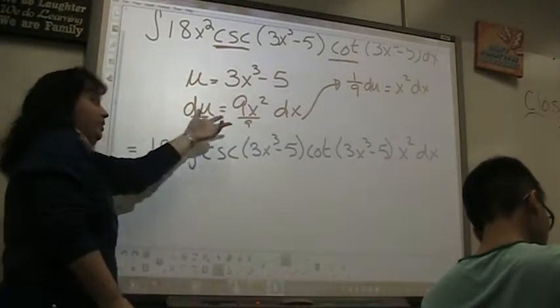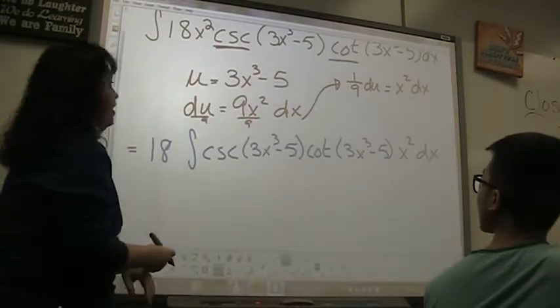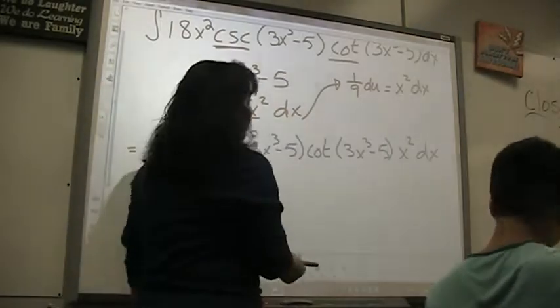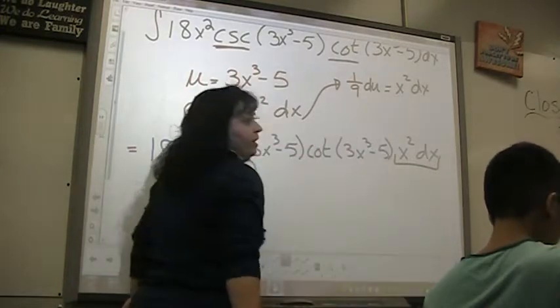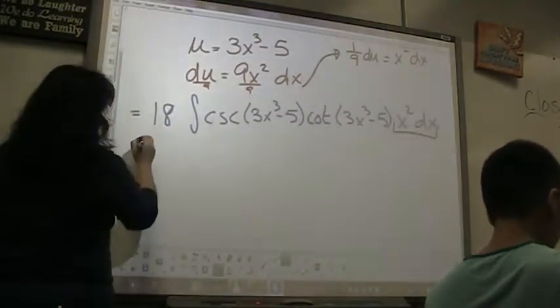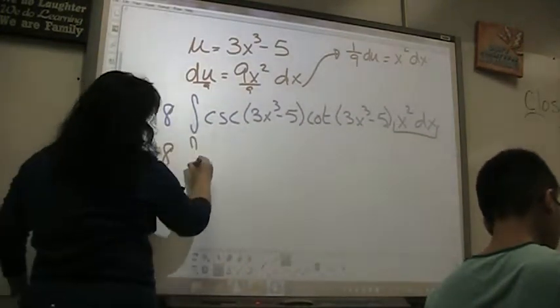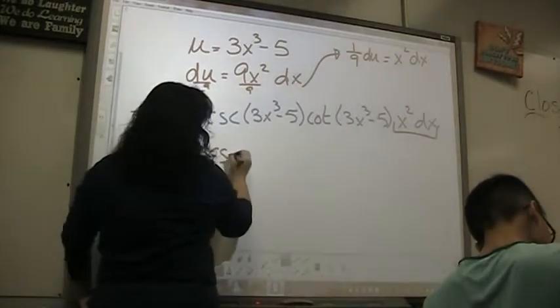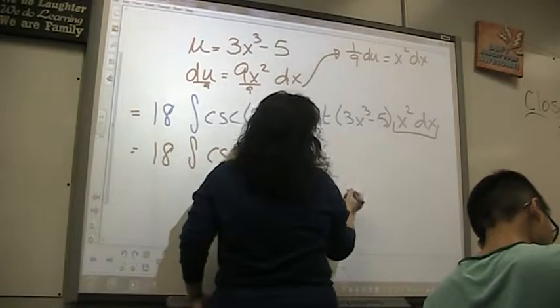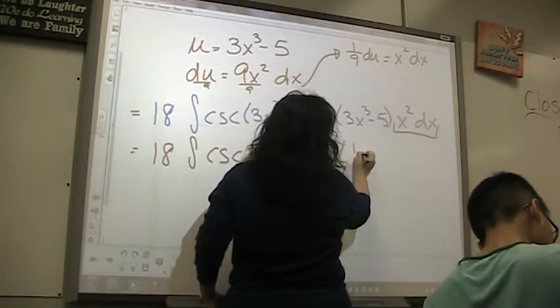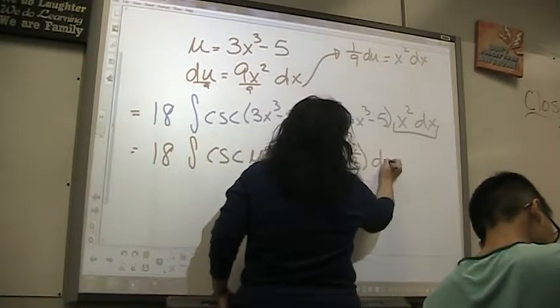Now I can make this substitution, right? Okay, so let's make it pretty. So it's 18 times the integral of cosecant u cotangent u times 1/9 du.